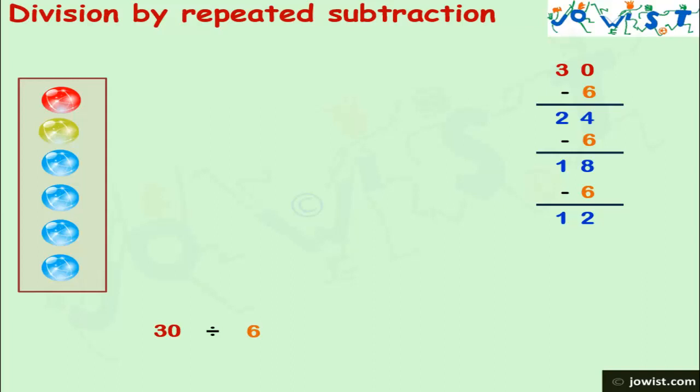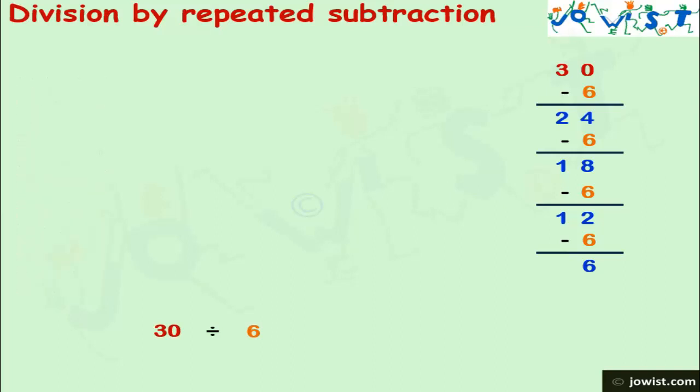We will subtract 6 from 12, that is, 6 marbles are left. Now let's take the last group away. We have taken the last 6 marbles away. Now we will subtract it. 6 minus 6 is 0.